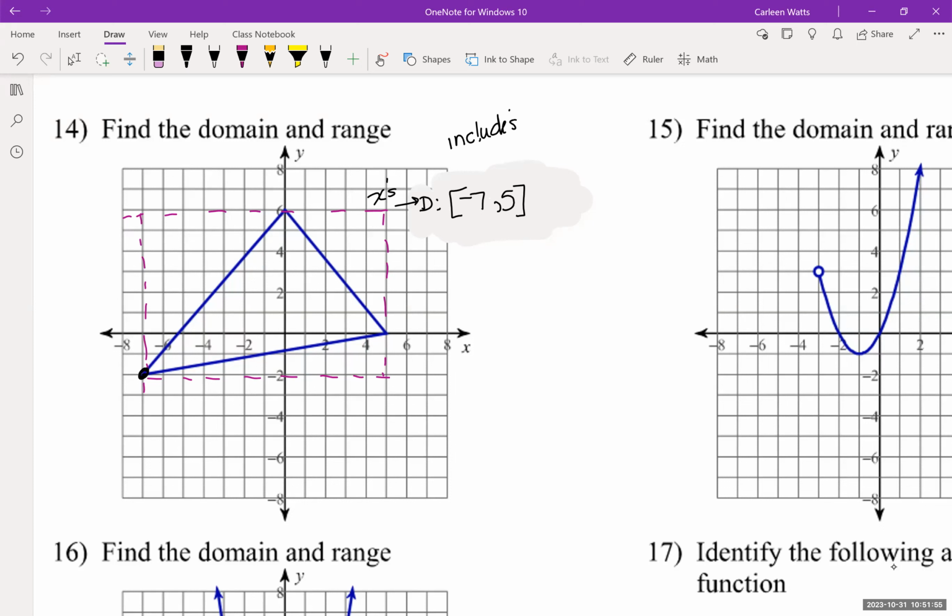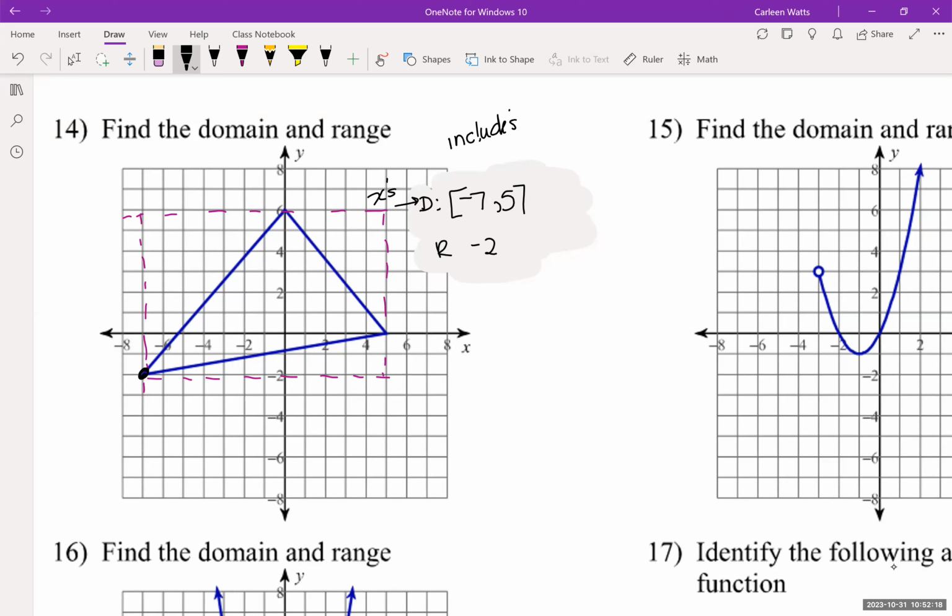All right, now let's do the range. So now let's look at the y values. What is the lowest y value? All right, do we see that it's -2?